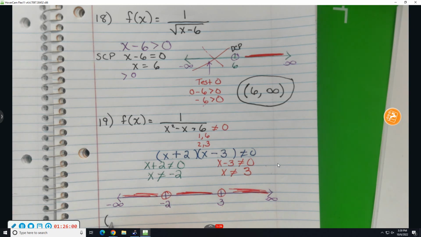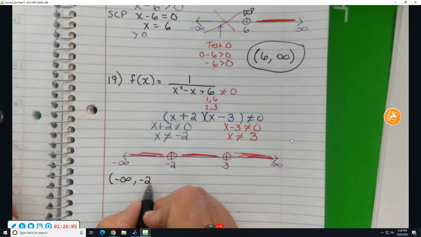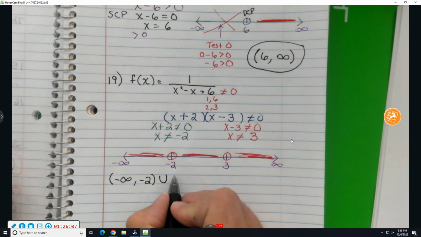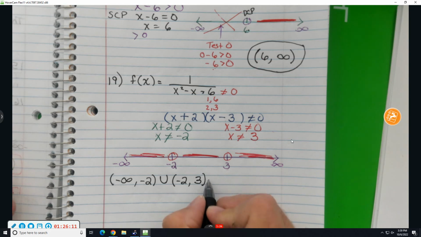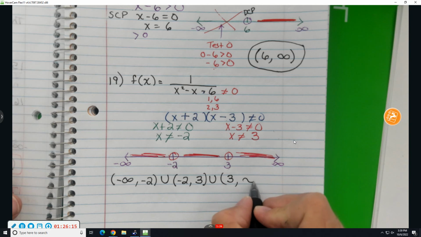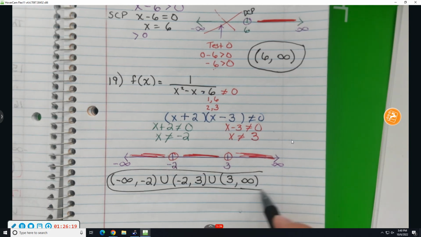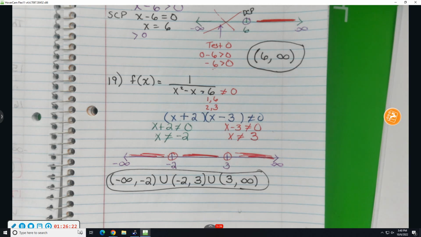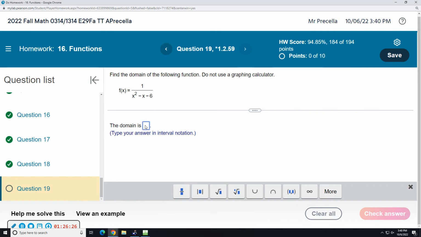So parentheses, negative infinity, comma, -2, parentheses, union, parentheses, -2, comma, 3, parentheses, union, parentheses, 3, comma, infinity, parentheses. And it's this one we got to type it in. Yes. That's why I've been writing out the little graph trying to show you, because they're not all multiple choice.